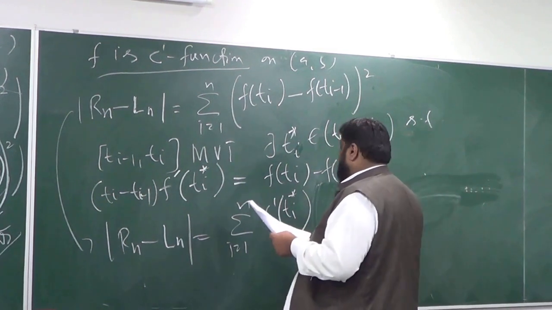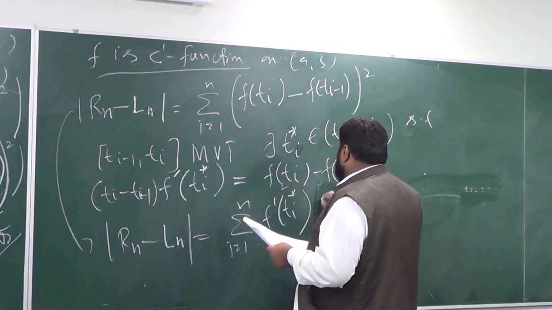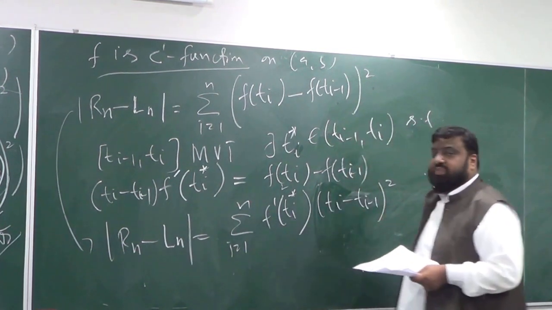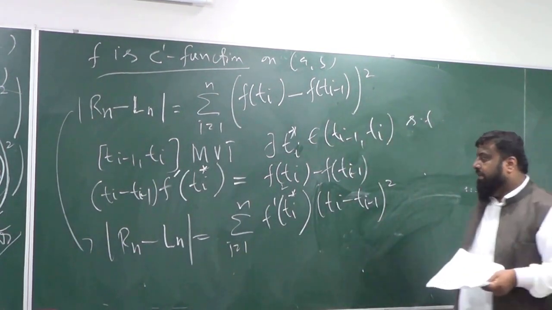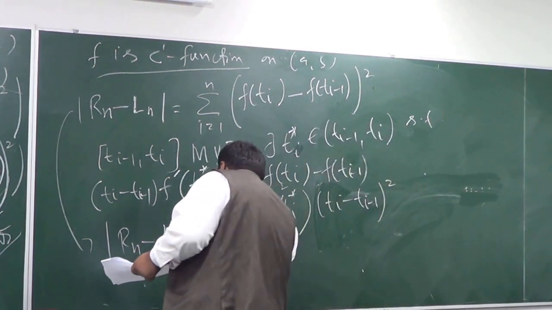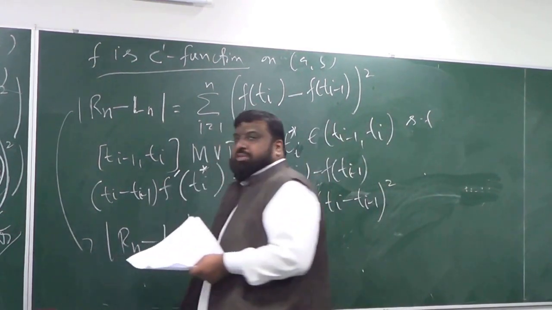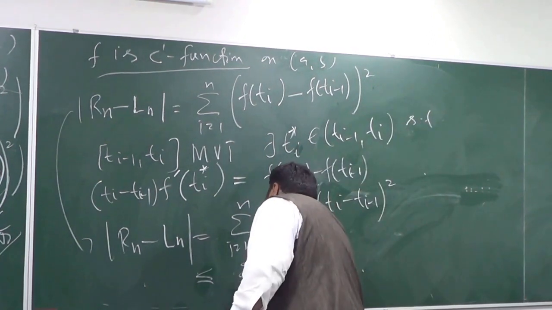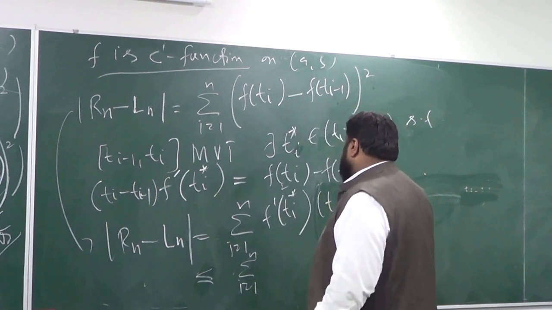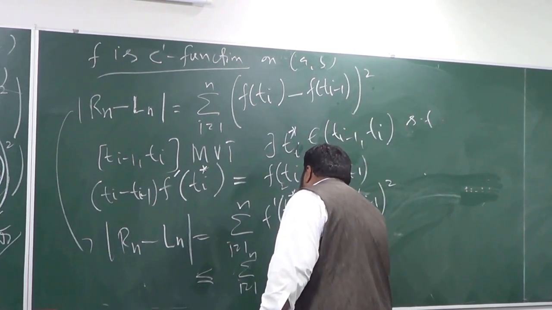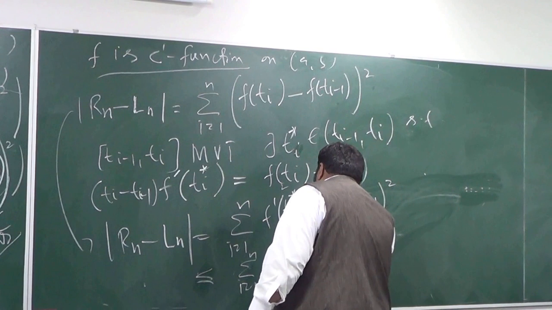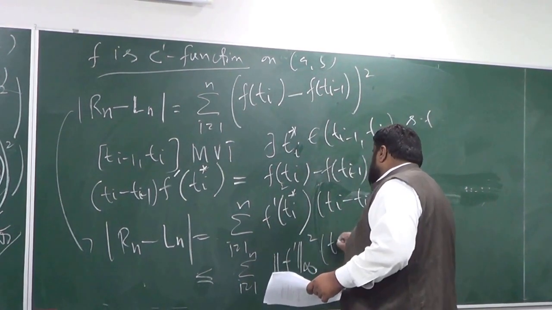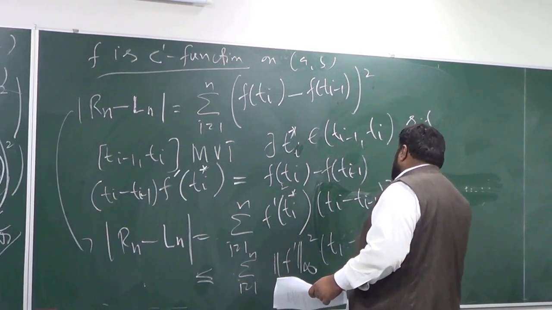So just square it. Square it, Ti and Ti minus 1 squared. I can estimate this by the sum over i equal to 1 to n of the infinity norm of f prime and its square times Ti minus Ti minus 1.